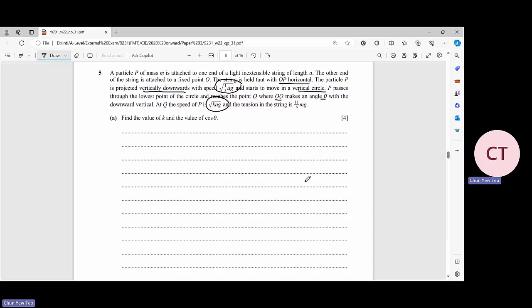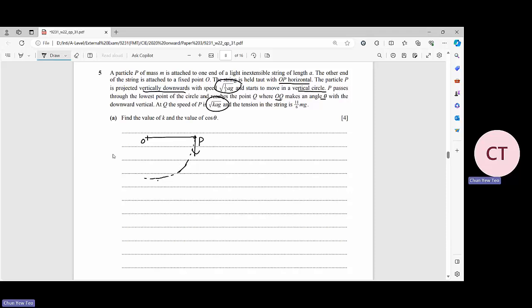Okay, so for this question, we need a diagram. OP is horizontal, then you are moving vertically down, but you will move in a circular form, in a vertical circle.